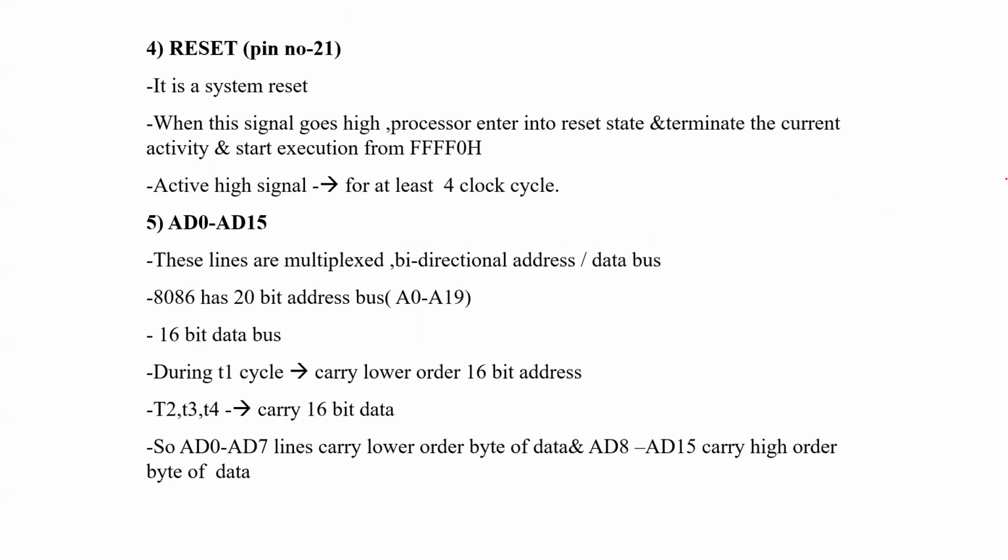Next, the reset pin. Simply think, if I want to reset my microprocessor, suppose I am going to reset any data, or if I want to go to the initial state, at that time the reset pin will be activated.